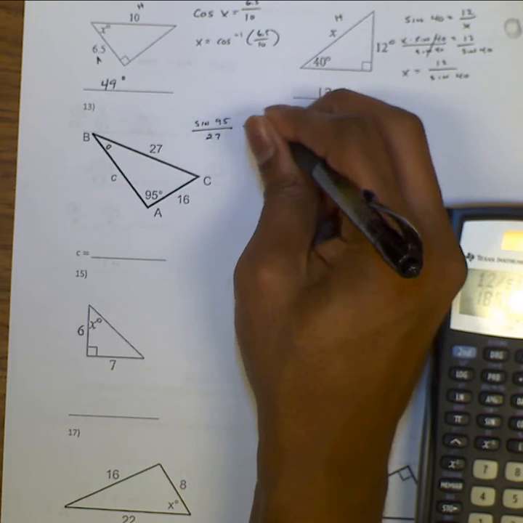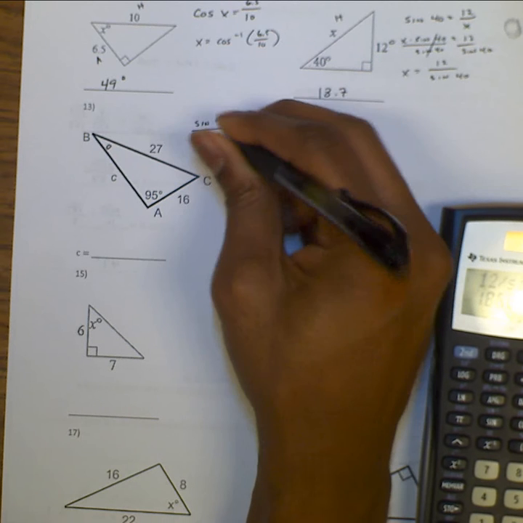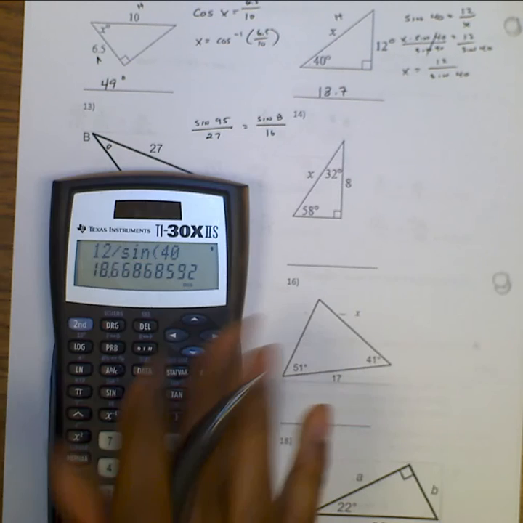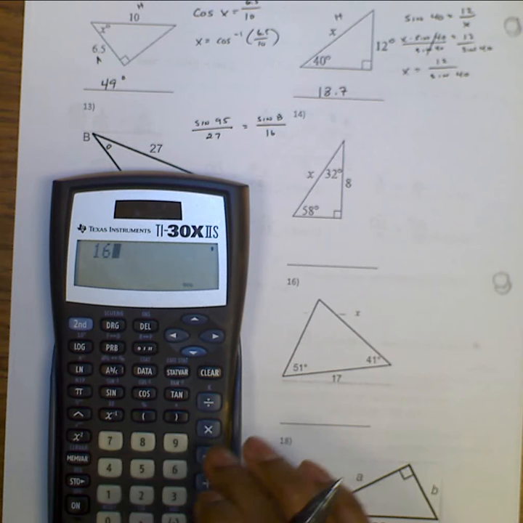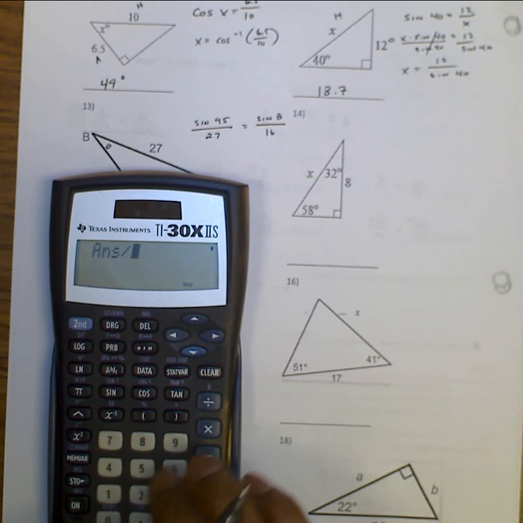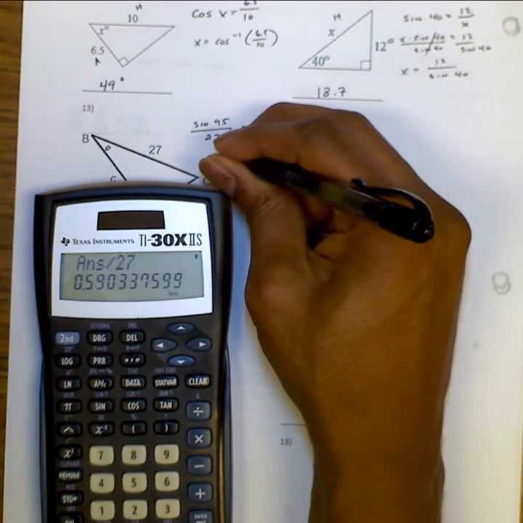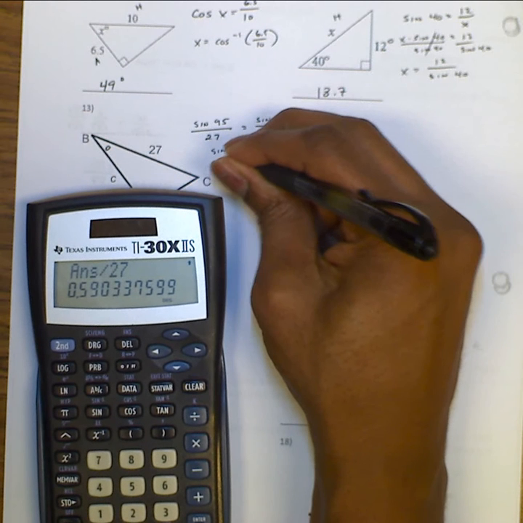So I'll say sine B over 16. I'll multiply both sides by 16 here, so in my calculator I have 16 times sine 95 divided by 27. And that'll give me that sine B is this number, 0.59.